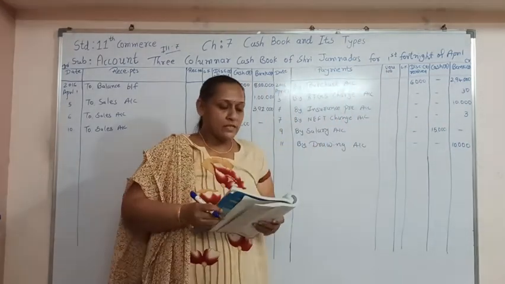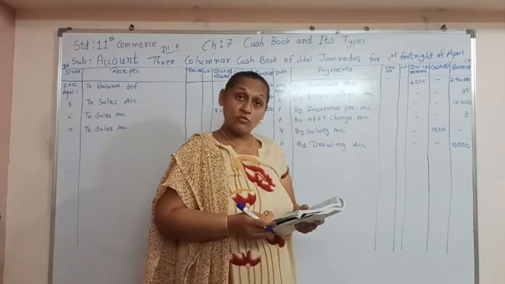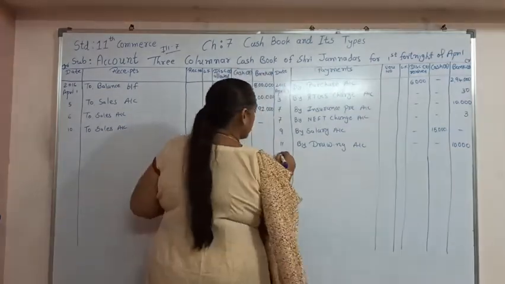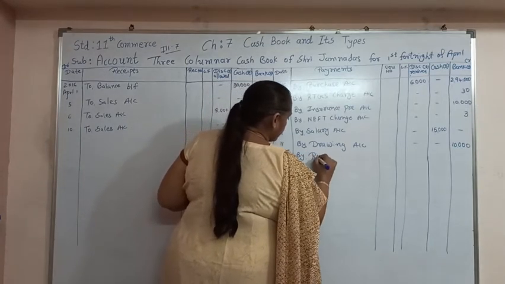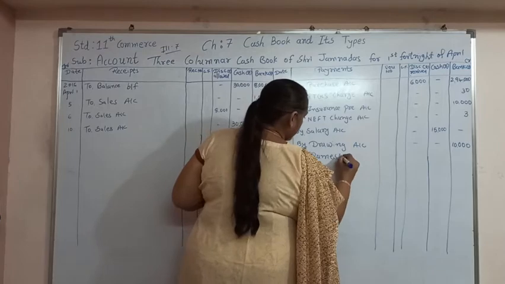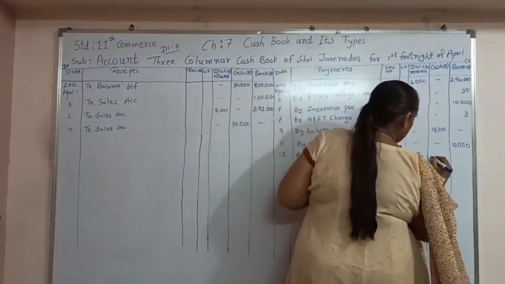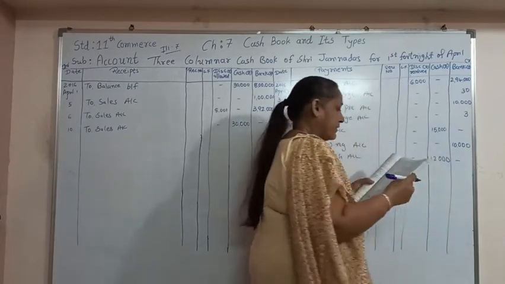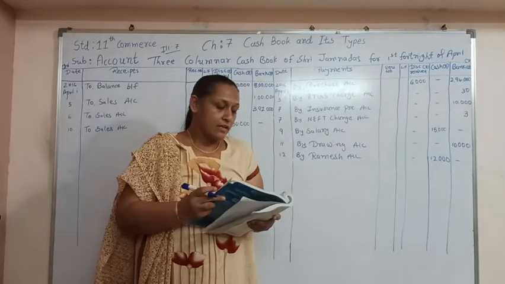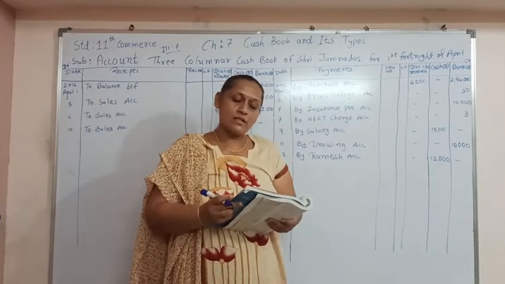On 12, rupees 12,000 paid to Ramesh towards the payable. So we had to pay Ramesh, and that we have paid. So on 12, by Ramesh account, and the amount is 12,000. On 13, Raman had paid rupees 22,000 through NEFT towards the receivable amount.